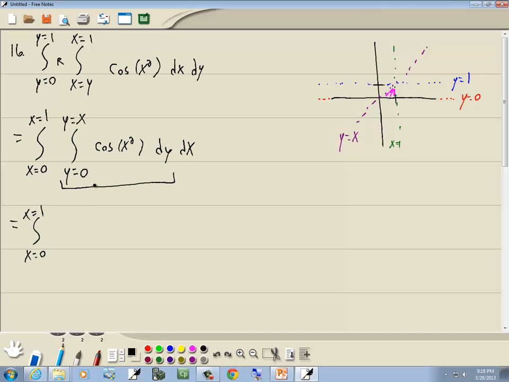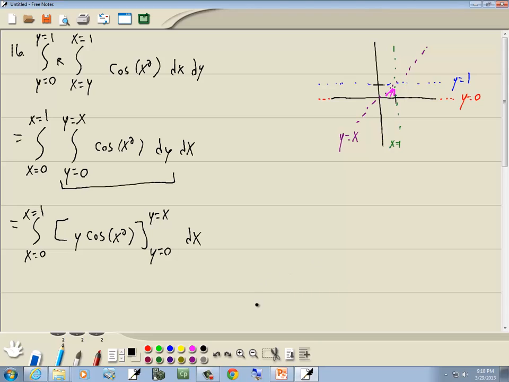I'm integrating with respect to y, so the cosine x squared is just a constant. So really, I could even put that out in front here. We're just left with the 1 here, and the integral of 1 is y. So that becomes y cosine x squared from y is equal to 0 to y is equal to x.